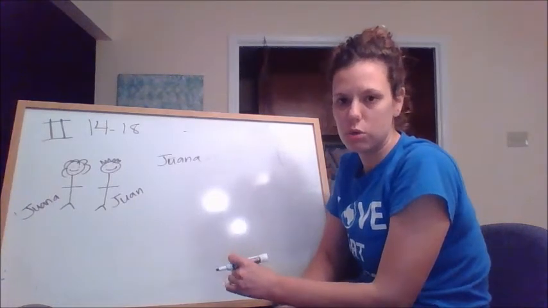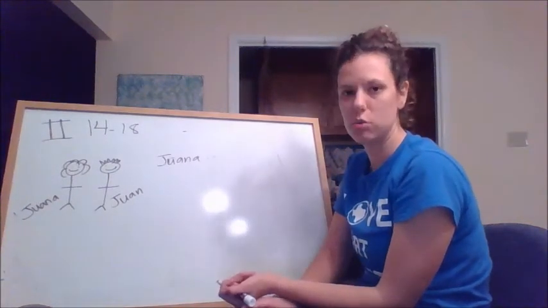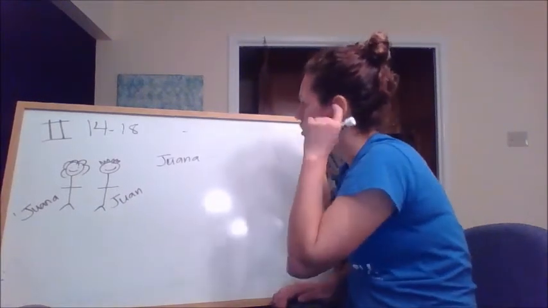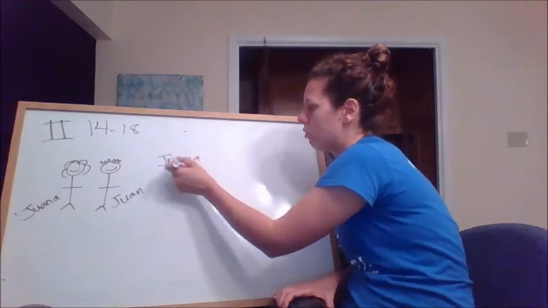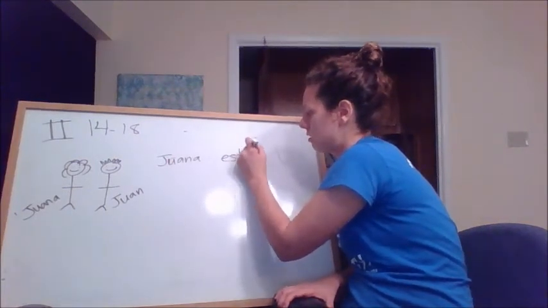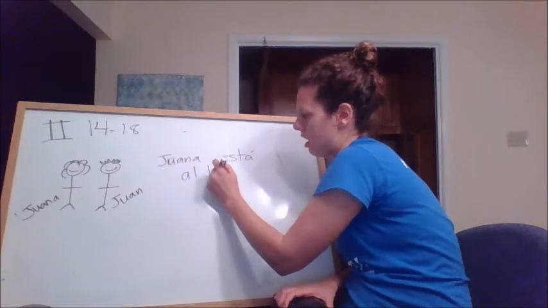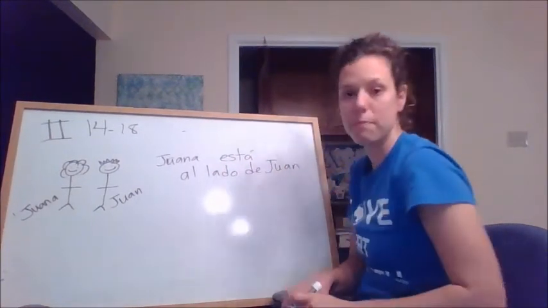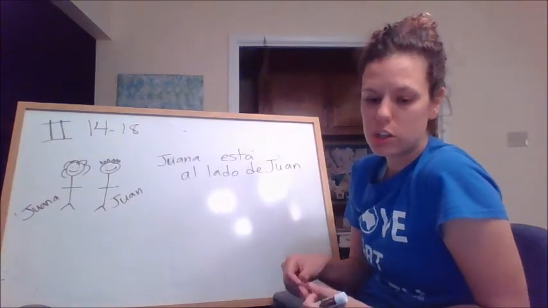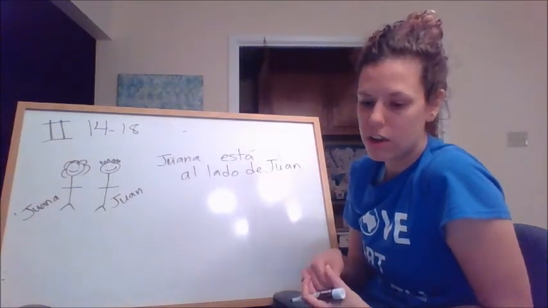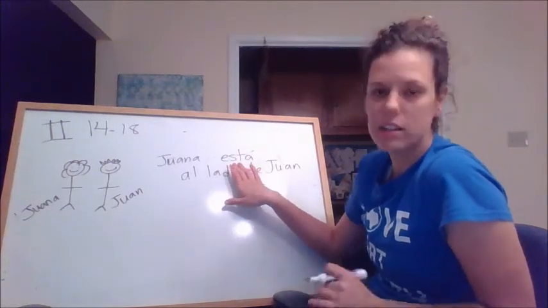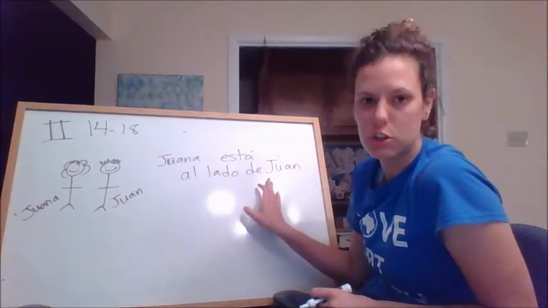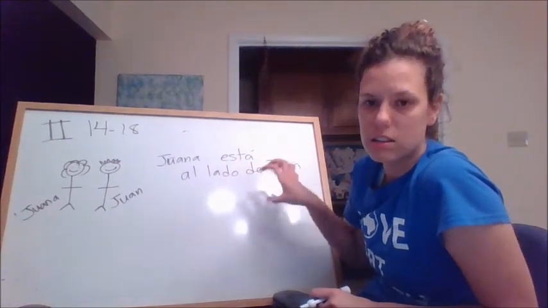She's next to Juan. So to say next to, we say junto al, or we say al lado de. So either one is fine, but we have to say Juana está al lado de Juan. So your subject is already given, and then you have to pick out how to conjugate estar for is or location, and then you have to pick out the right preposition for that person.